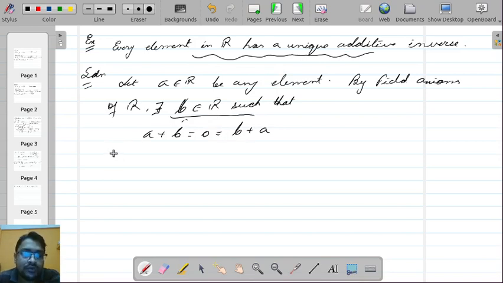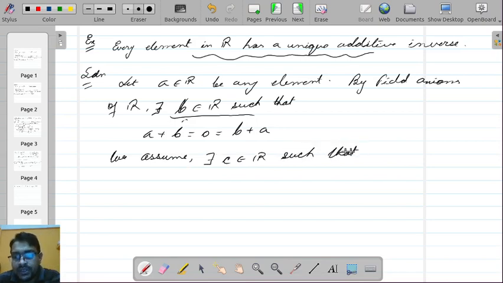For that, we assume there exists C inside R such that a plus C equals 0 equals C plus a. So we assume there is another element C. Then what is our intention? If somebody comes up with another element C which satisfies the same thing, I will immediately show that b and C have to be equal.